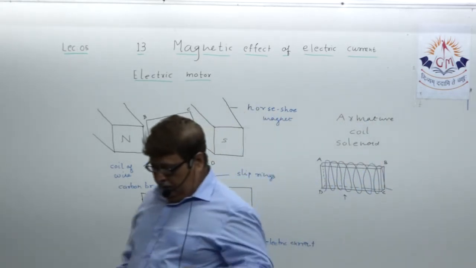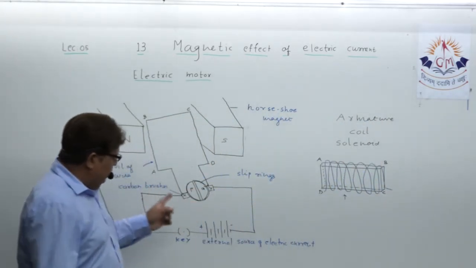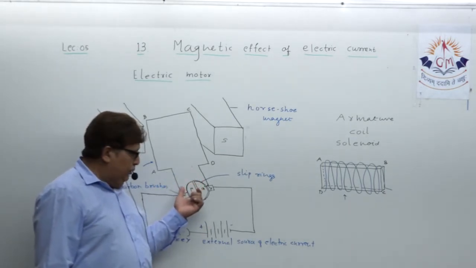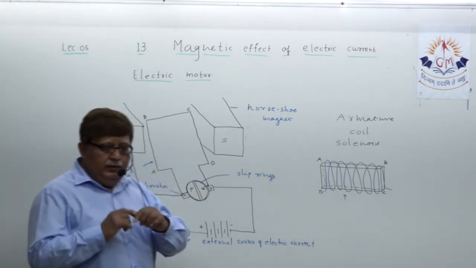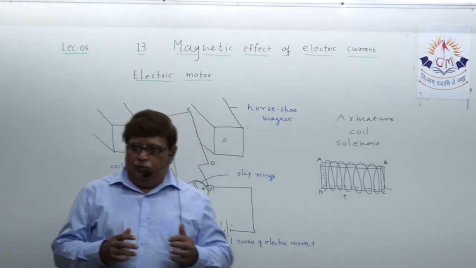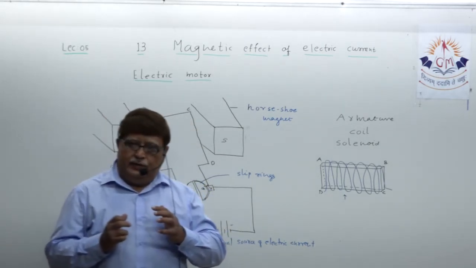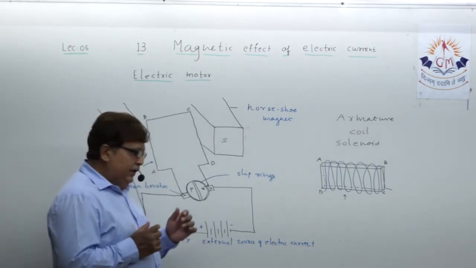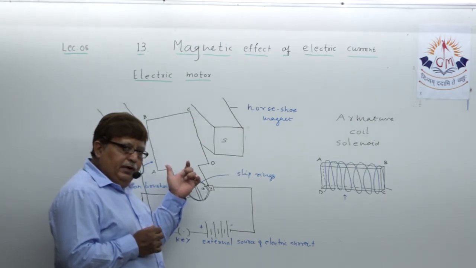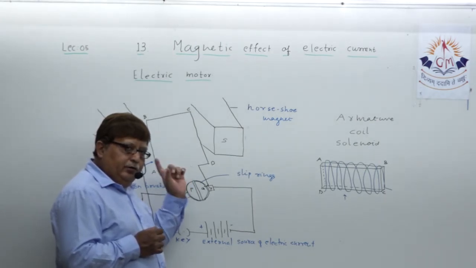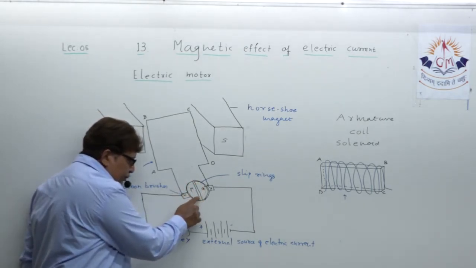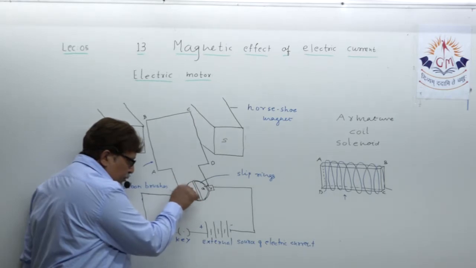Some technical fault, okay, student? So, what I told you, both the ends of the coil are actually connected with a slip ring. This slip ring is actually one type of commutator arrangement which is going to reverse the direction of electric current during the rotation of the coil. Actually, this slip ring is divided into two halves.